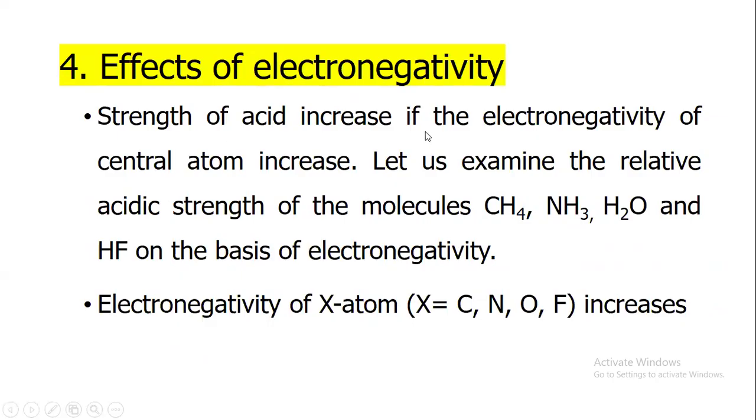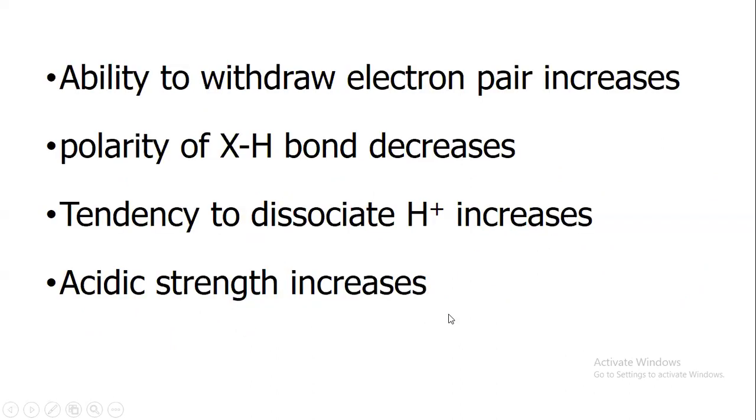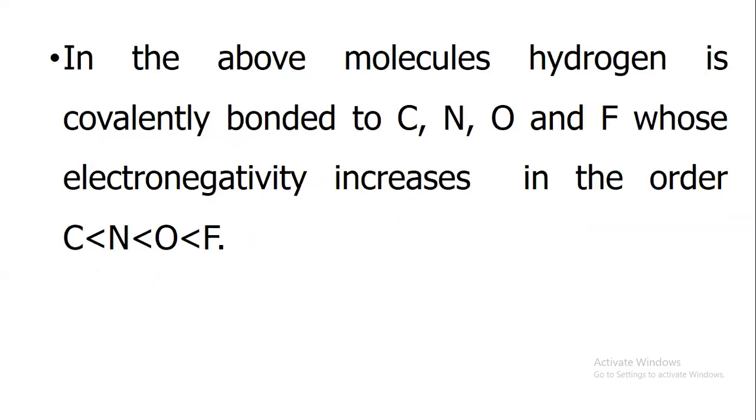Effect of electronegativity. Strength of an acid increases if the electronegativity of the central atom increases. Let us examine the relative acidic strength of methane, ammonia, water, and hydrogen fluoride on the basis of electronegativity.